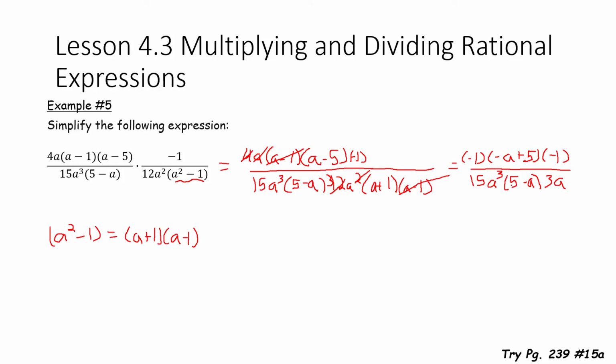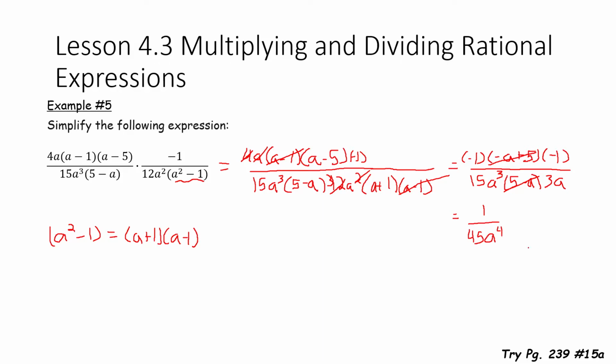So a little bit more to do. This positive 5 and negative a, positive 5, negative a, they're the same value now, so we can cancel them. Now in the top, we have negative 1 times negative 1, that is positive 1. In the bottom, we have 15 times 3, that's 45, and a cubed times a is a to the fourth.